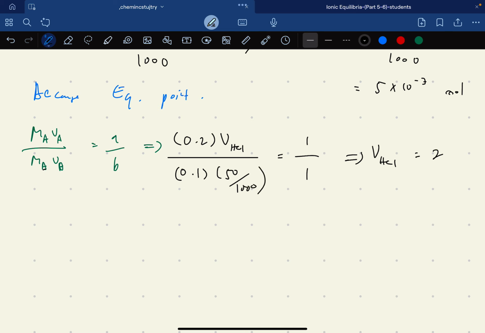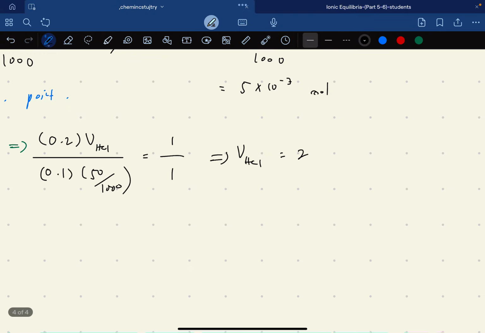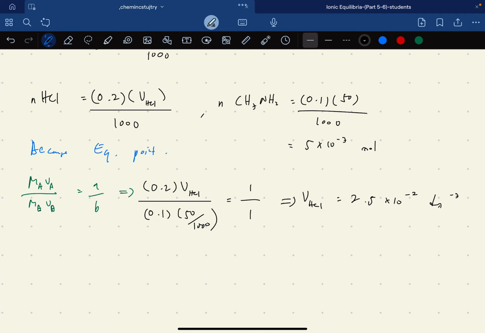So this is that answer divided by 1,000. So we get 2.5 times 10 to the power negative 2 dm cube. Okay, that's more like it.